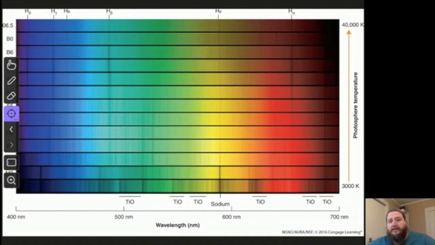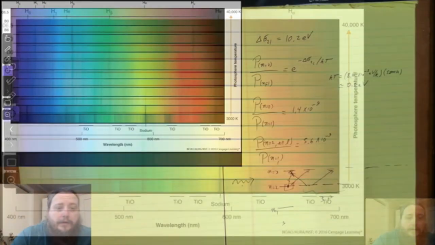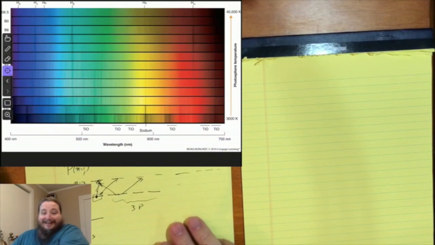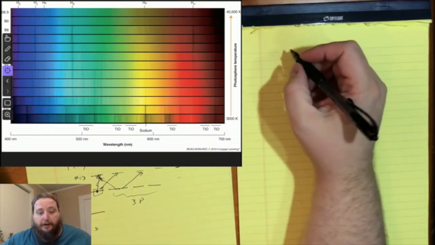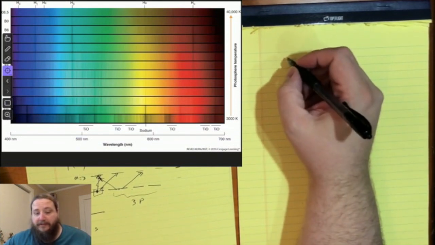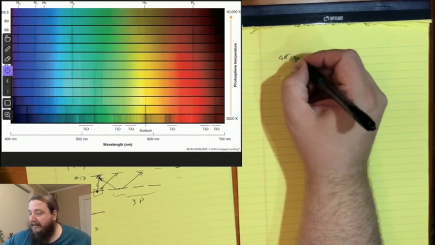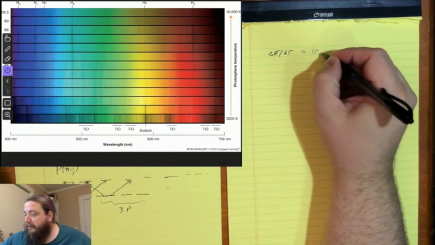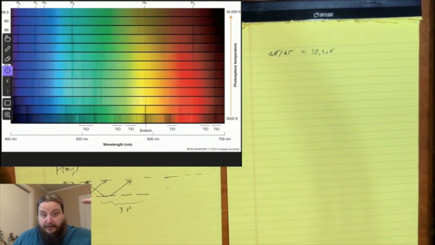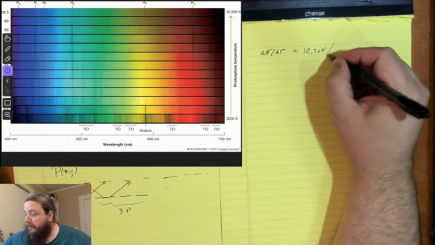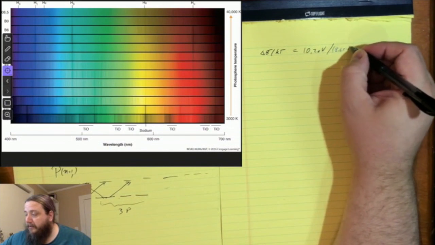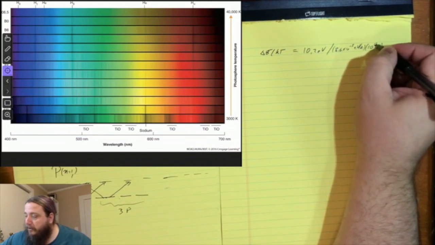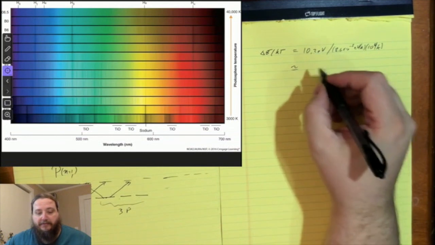Now that's interesting because if we go back to asking what the Boltzmann factor is going to look like at 10,000 Kelvin, we still have that delta E over kT is 10.2 eV to get up to the n equals 2 state, divided by 8.6 times 10 to the minus 5 eV per Kelvin, and at 10 to the 4 Kelvin we're still only at a factor of about 12.